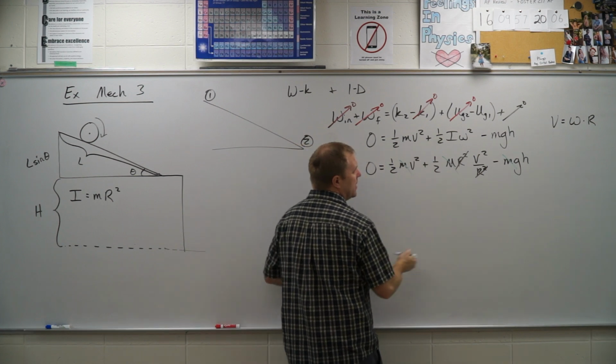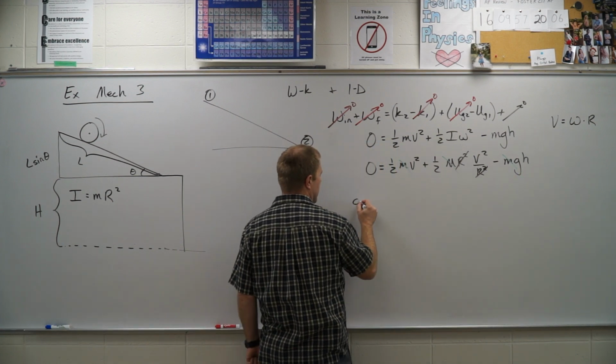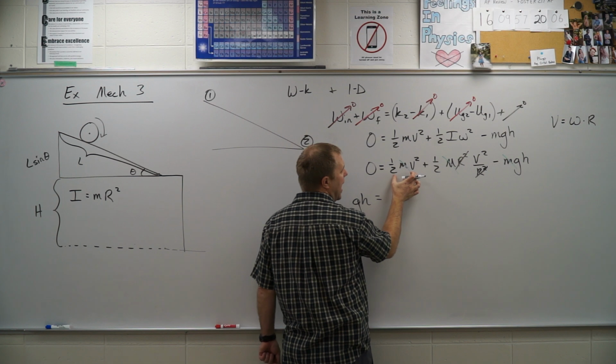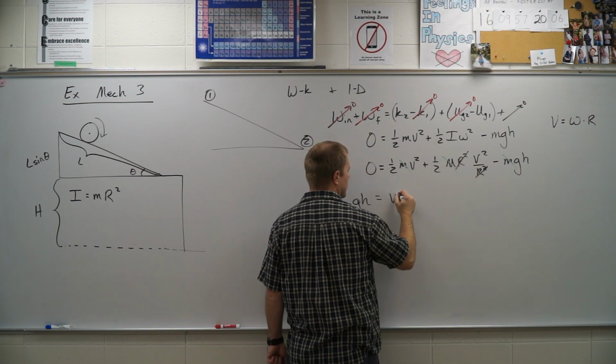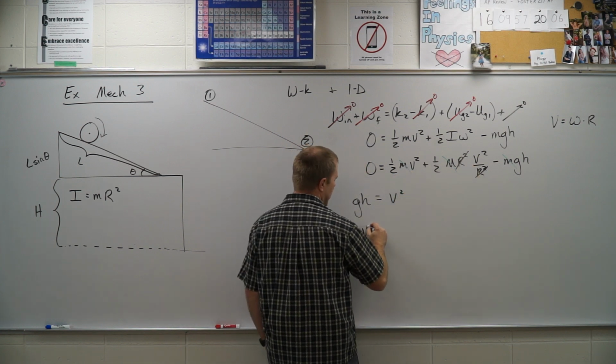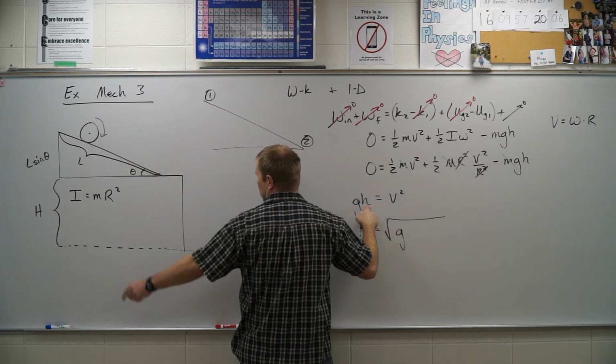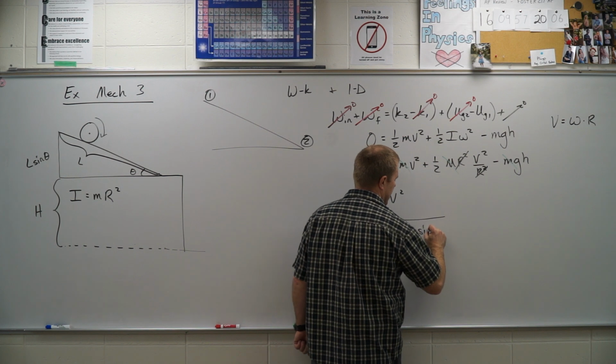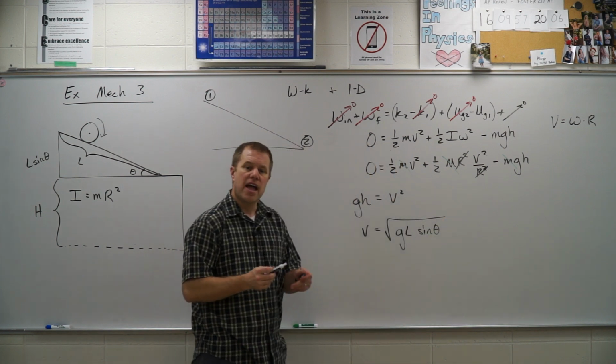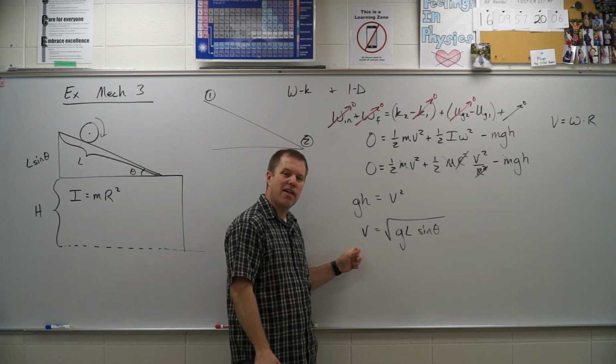Fantastic. And so I can move this gh over to the other side, is equal to 1/2 v squared plus 1/2 v squared just gets v squared. And so I end up with v is equal to the square root of g times h, but my h was L sine theta. And so I'm going to get that same velocity I got with the other methods.